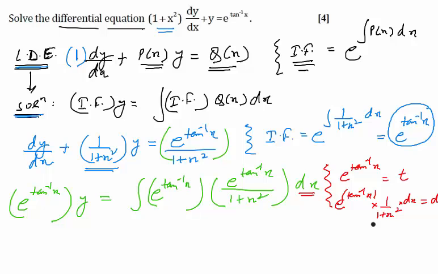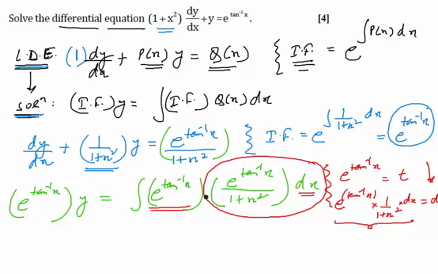Okay, so now I already see these terms in my integral. I see this group, which is actually the LHS portion here, right? So this complete LHS portion can be replaced with dt, and the remaining portion e to the power tan inverse x will be written as t, which means that I will get my RHS portion as integral of t dt.